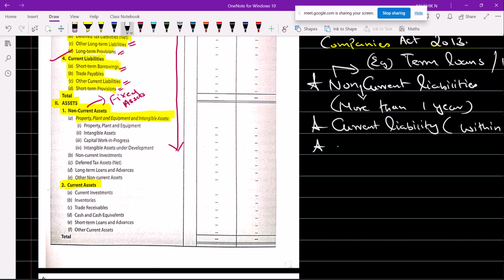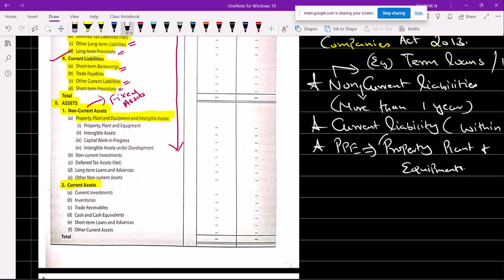This is represented as a short form, PPE. If you see any company's balance sheet or cash flow statement, they would have marked it as PPE. PPE is nothing but a short form for property, plant and equipment.